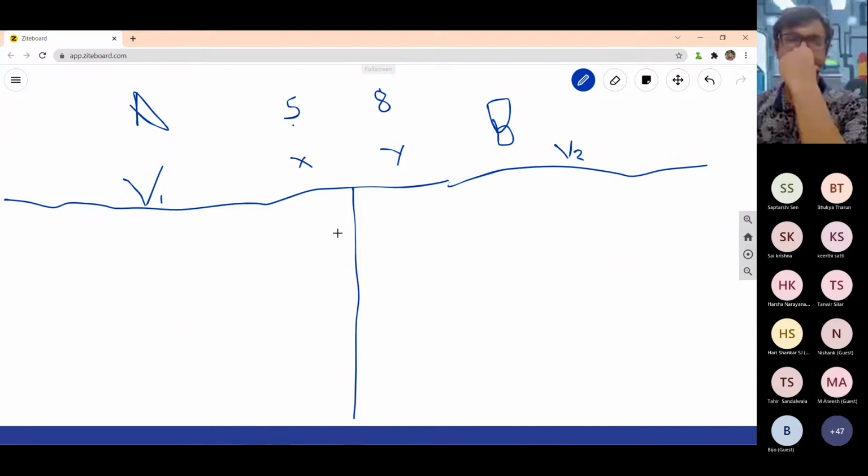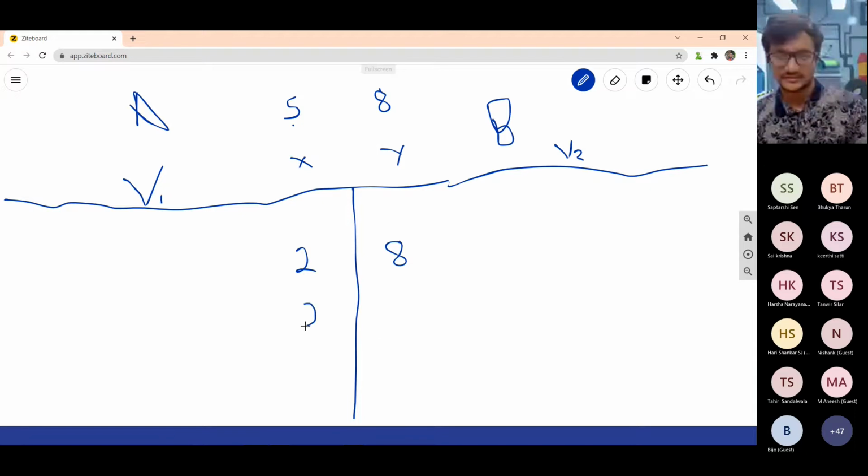I would remove 3 stones from X. It will become 2, right? Yeah. Maybe I would remove 6 stones from Y. It's your turn.